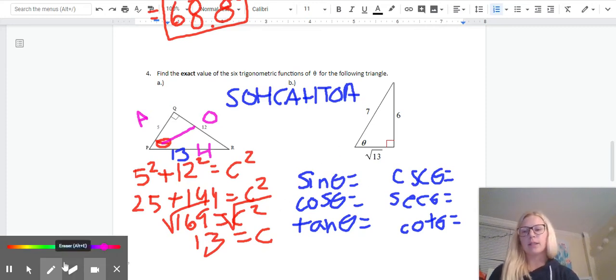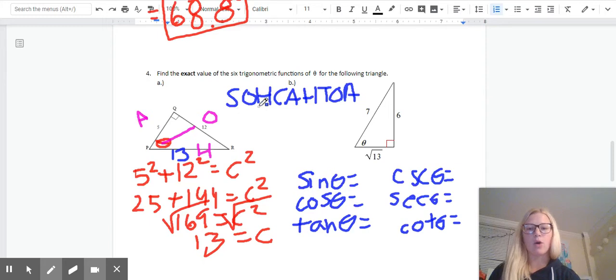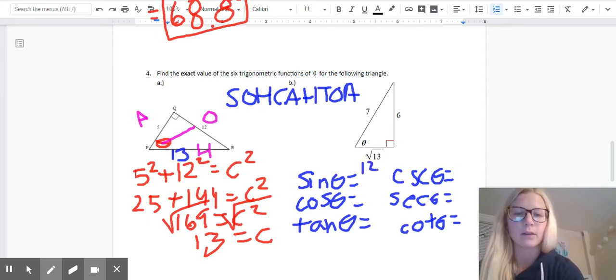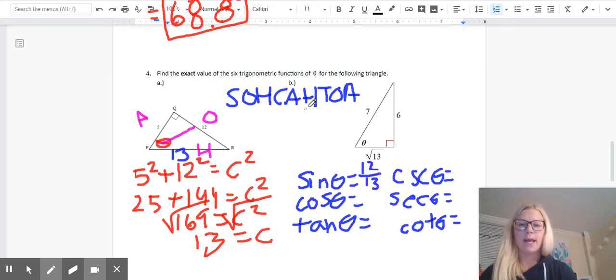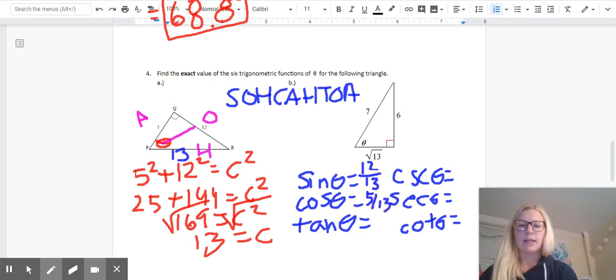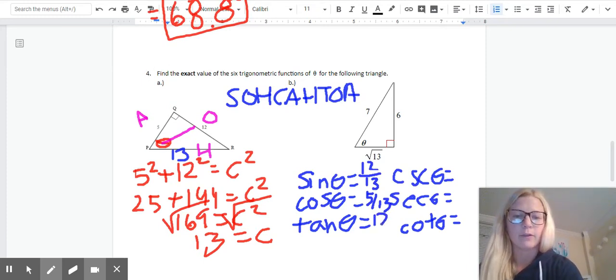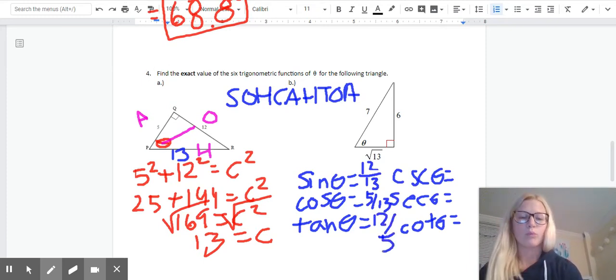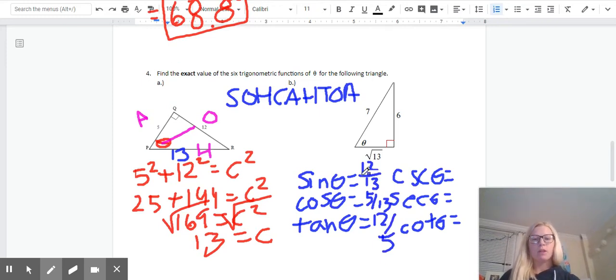When I put this into my trig functions here, sine is O over H, so 12 over 13. Cosine is A over H, so 5 over 13. Tan is O over A, so 12 over 5. Okay, so we got that.